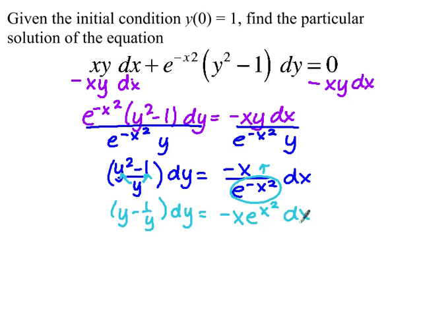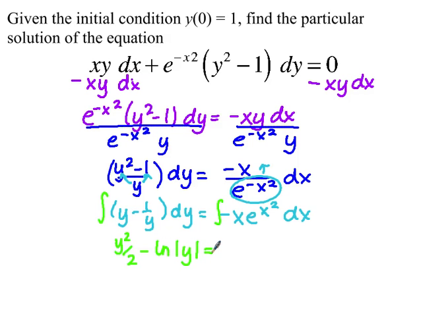So now what do you do to solve that? Integrate. So what is the integration of y? Y squared over 2. What's the integration of 1 over y? ln y.